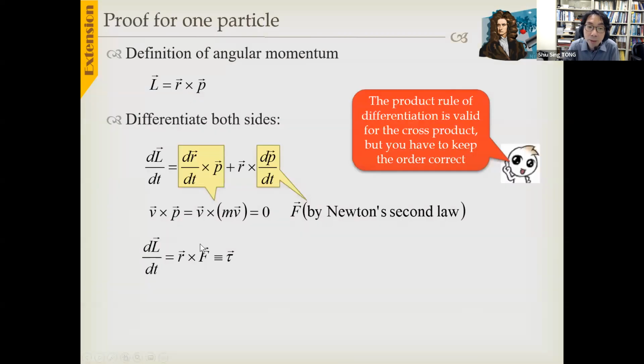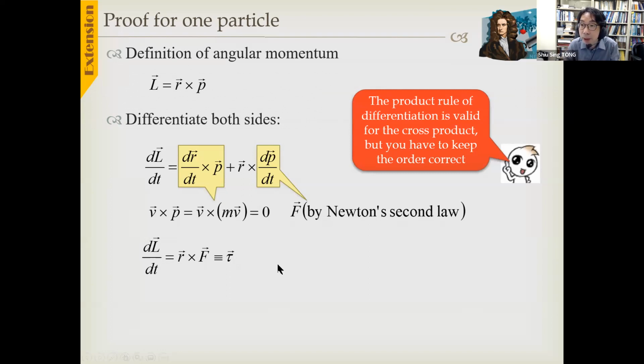So that means R cross F can be written as torque, and torque is equal to the rate of change of angular momentum for a single particle. So you have now proved Newton's second law in rotational form for a single particle. The torque acting on that particle is equal to its rate of change of angular momentum.